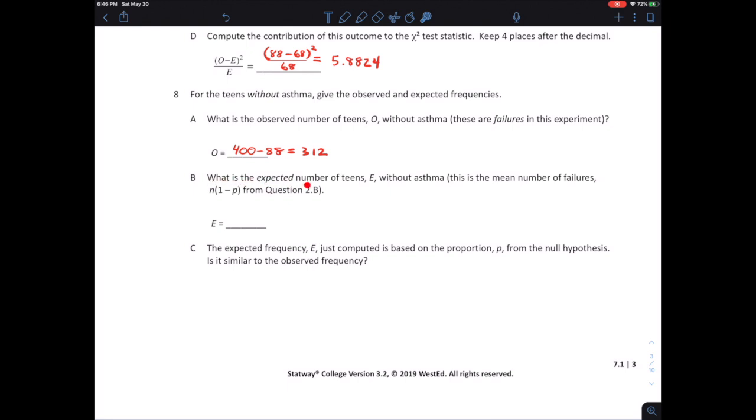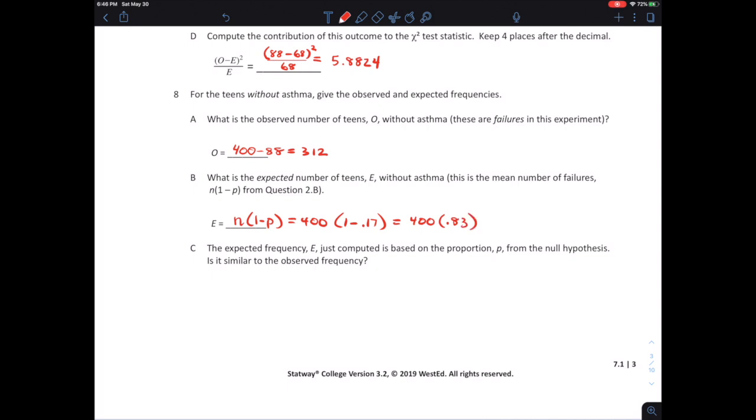Now, what's the expected number of kids without asthma? This is the mean number of failures, which is n times 1 minus p. That's 400 times 1 minus the 17% that do have asthma. Remember, 1 minus 17% is 83%.